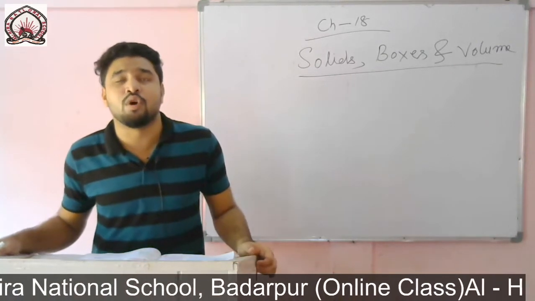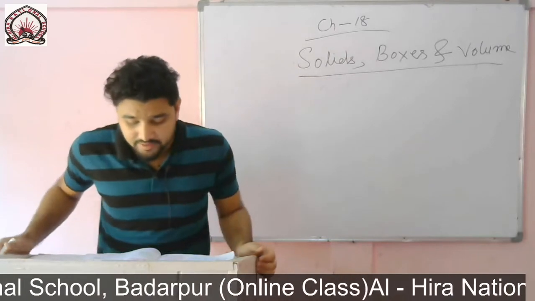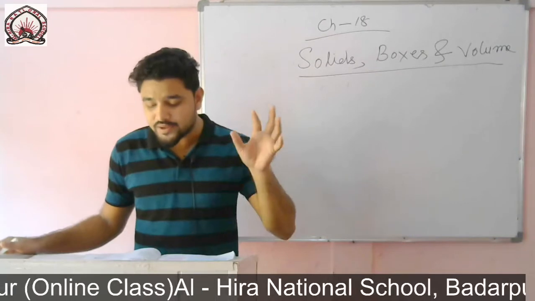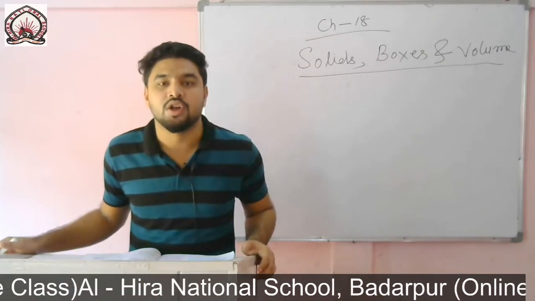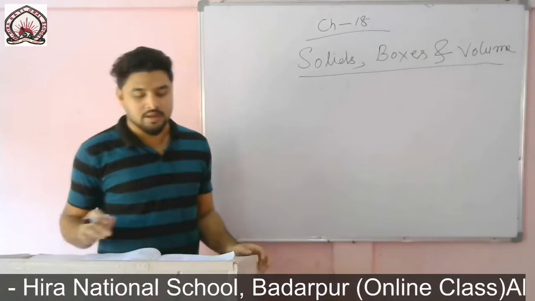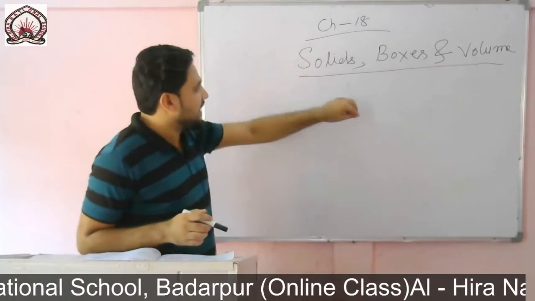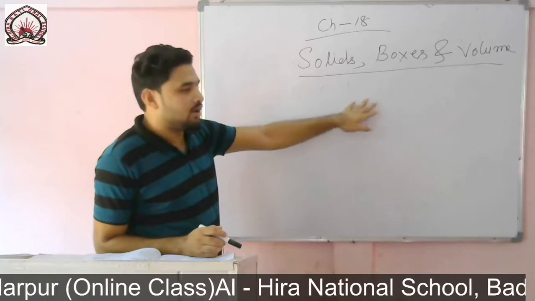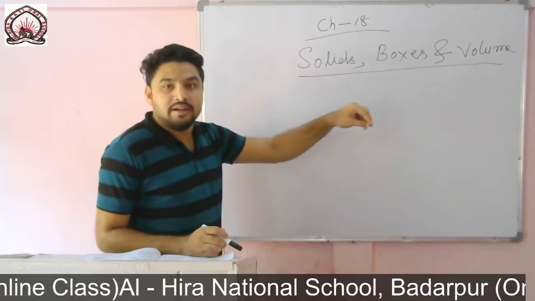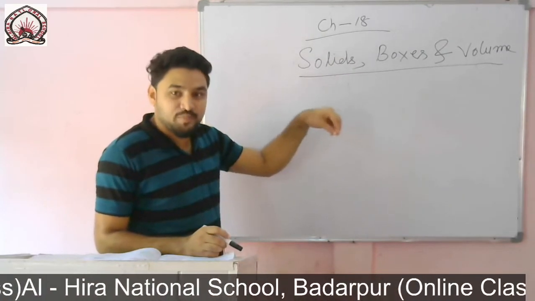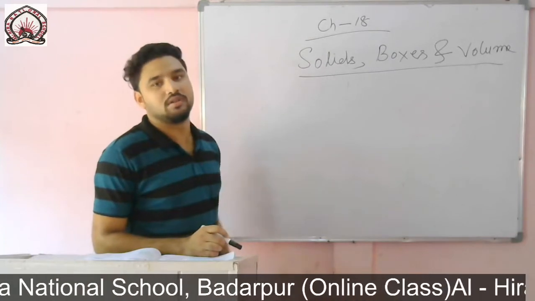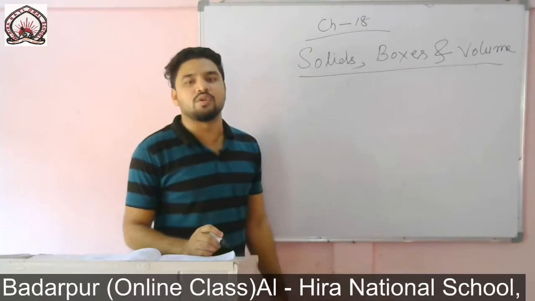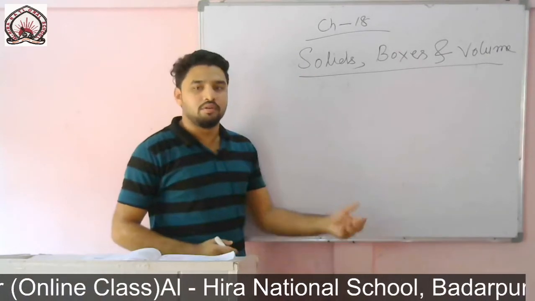Before that, first of all, we know what is volume. The space occupied by something is called its volume. Suppose if I keep a geometry box on the table, then it occupies some space of the table, then this space is called the volume of the box.